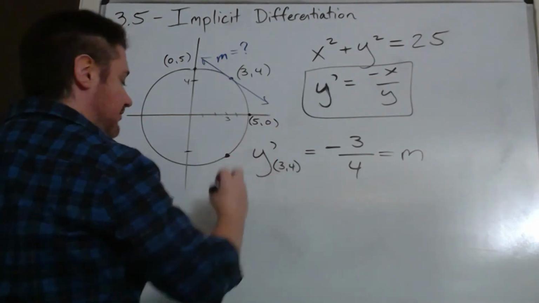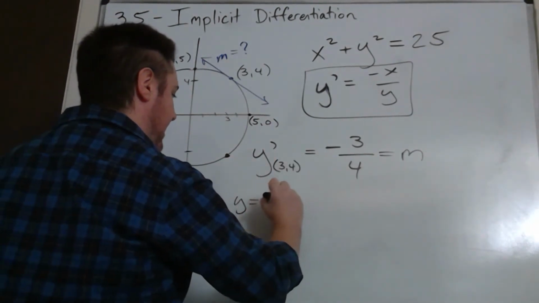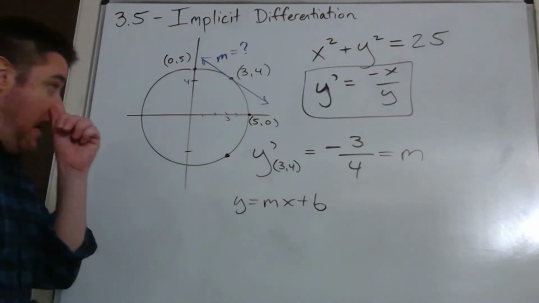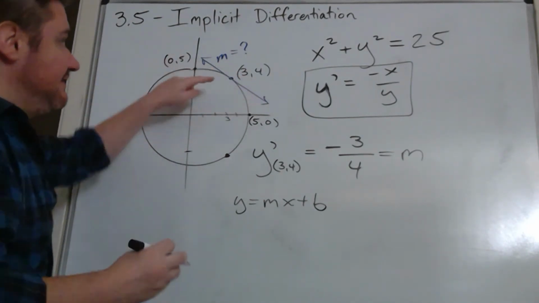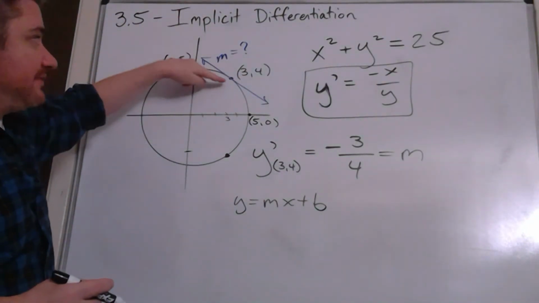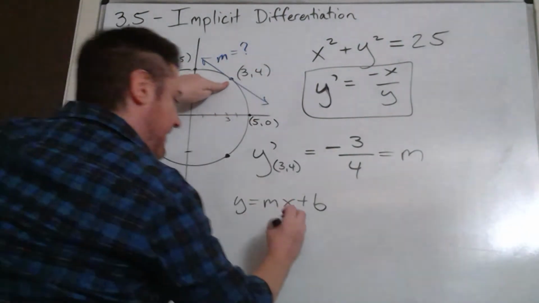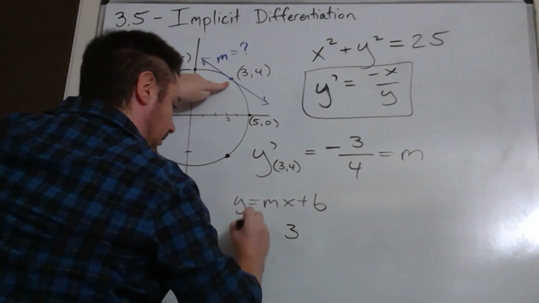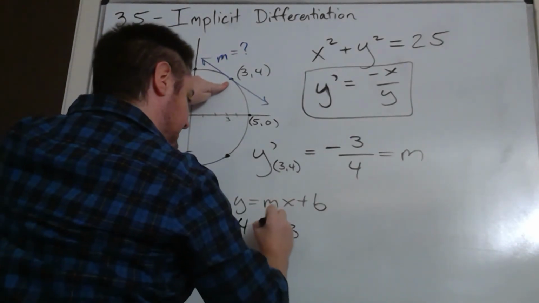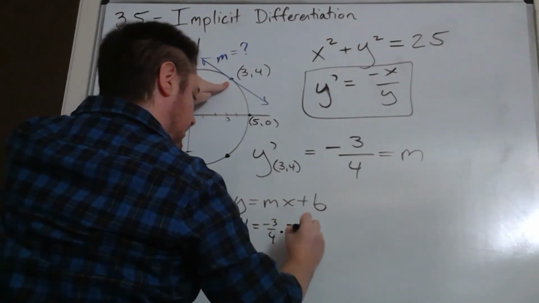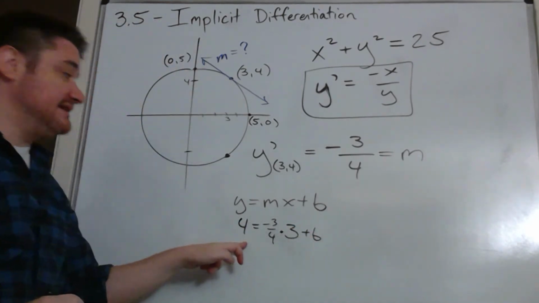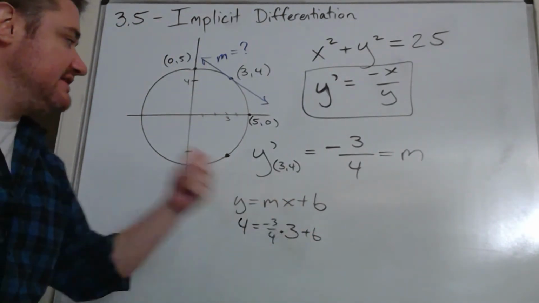And so if I wrote the equation, we've got y equals mx plus b, right? I know a point that lives on that, if that point is the intersection of the line with the circle, then the point lives on both, right? It lives in the circle, but it lives in the line. So I know if x is 3, y is 4. I know my slope is negative 3/4. And so I can plug in those three quantities into my equation of a line here and solve for b.